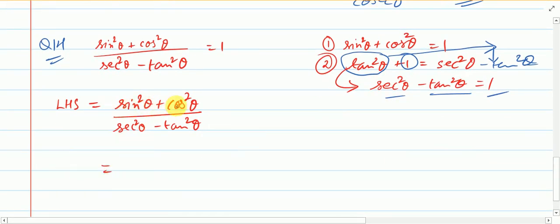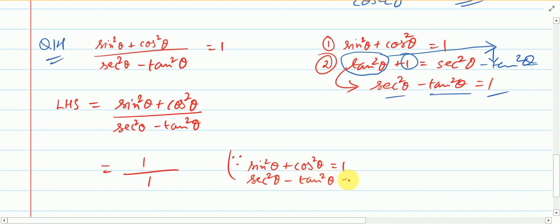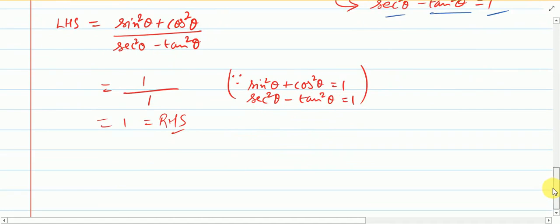You know this sine square theta plus cos square theta will be 1, and down sec square theta minus tan square theta will be also 1. You can give the reason since sine square theta plus cos square theta is equal to 1, and secondly sec square theta minus tan square theta is also equal to 1, therefore this is equal to RHS. Okay, proved.